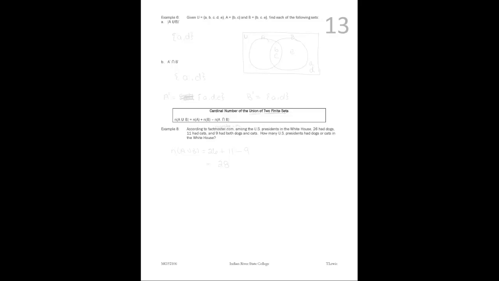Okay? We know the universal set has those letters, A, B, C, D, and E. So, just quickly, because I know we're going to have some of these where we're going to have to draw out set A, set B. One thing that you want to look at whenever you have those sets merging together.